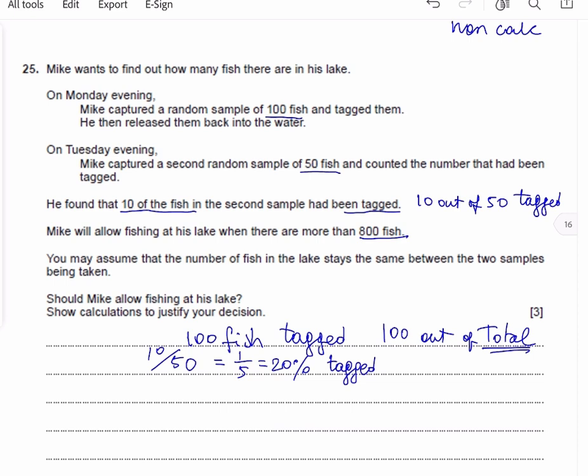And that means 20% of the fish he captured was tagged. So we're going to apply this 20% to the total amount of fish. So assume that if 100 fish represent 20 tagged, what is the whole amount of fish in the lake?